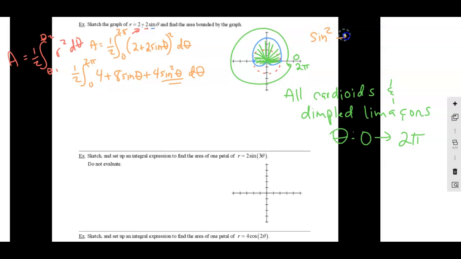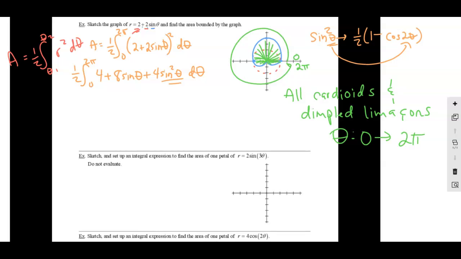So remember, if I have sine squared, it's going to be 1/2 of 1 minus cosine of 2 theta, right? Whatever this angle was, it's going to double. When I use that power reducing identity, I go from sine squared and reduce it to linear cosines: 1/2, 1 minus cosine 2 theta.